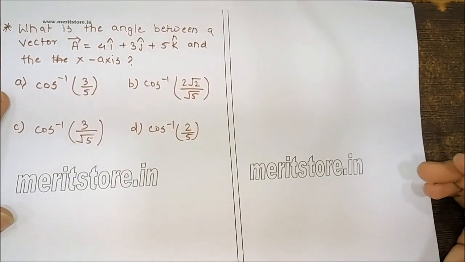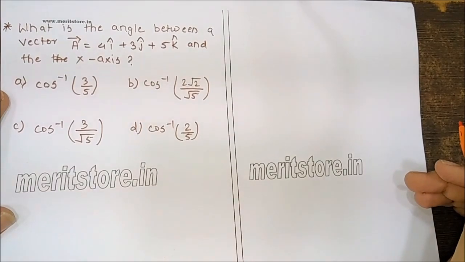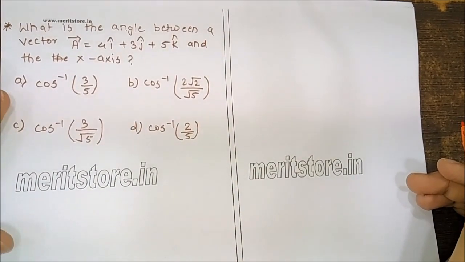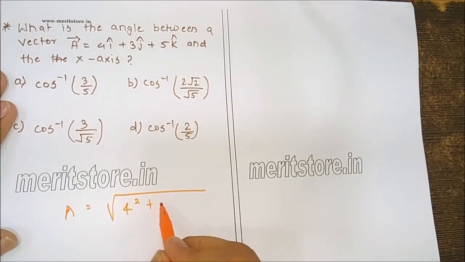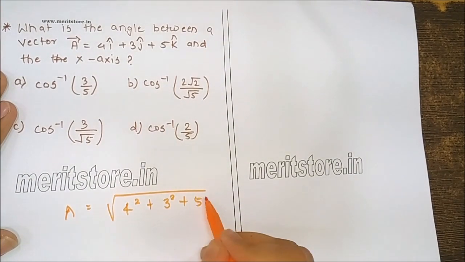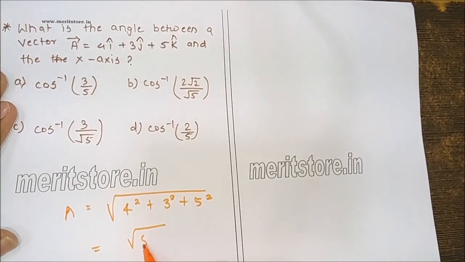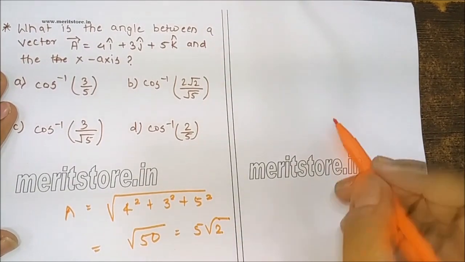What is the angle between a vector a is equal to 4i plus 3j plus 5k and the x-axis? Now we know mod a is equal to square root of 4 square plus 3 square plus 5 square, which is equal to square root of 50, which can be written as 5 root 2.